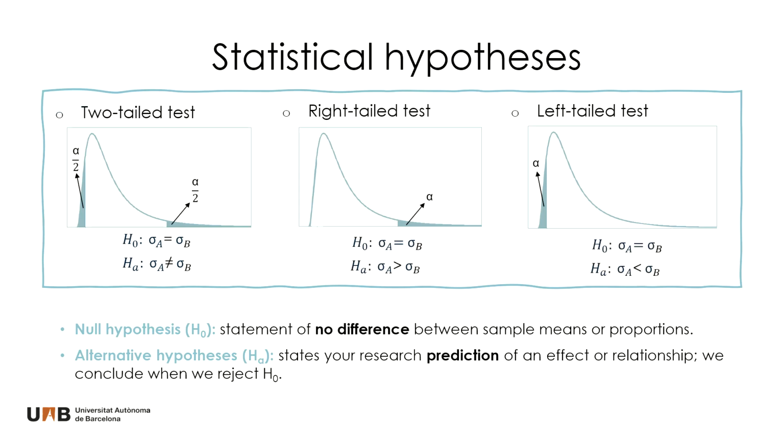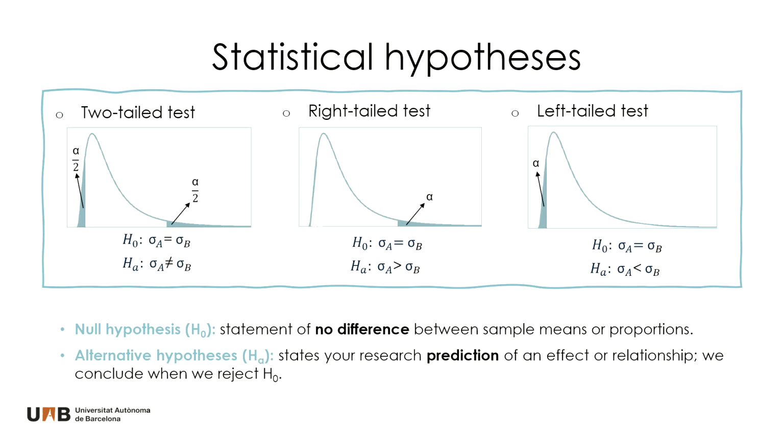Regarding the one-tailed test, the area underneath the curve corresponds to alpha. In these cases, the alternative hypothesis states one of the two variances is greater than the other. In every case, when the null hypothesis is rejected, the alternative hypothesis is considered correct.